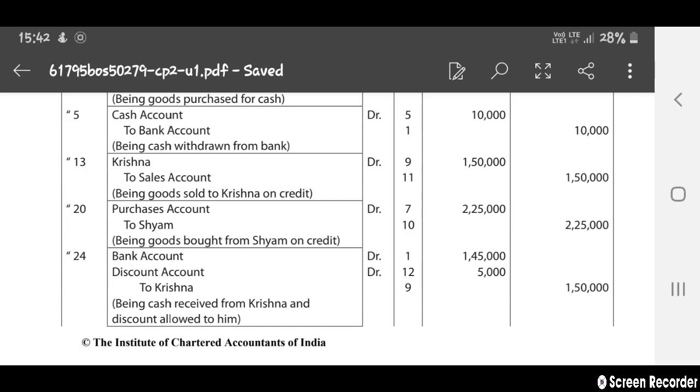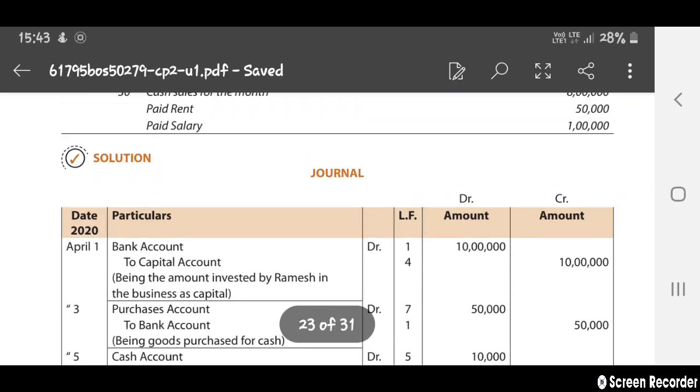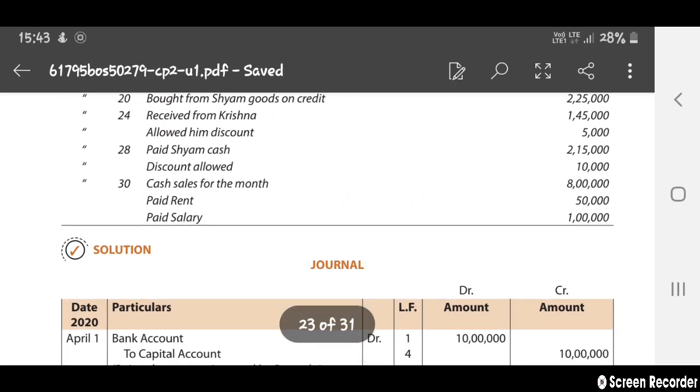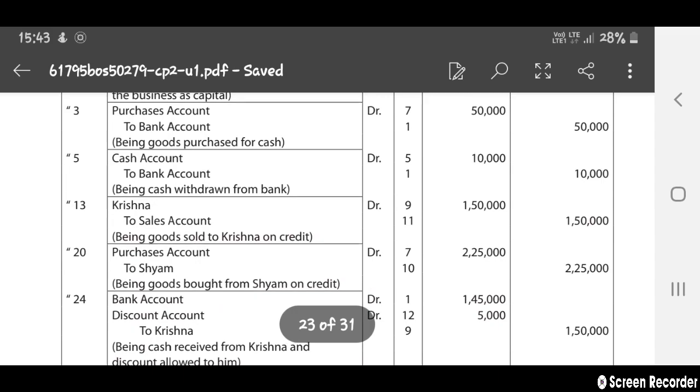On April 13, goods were sold to Krishna, a company, on credit. So Krishna to sales account: Krishna is debited 1,50,000 and sales account is credited 1,50,000.